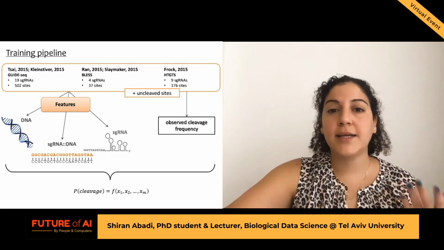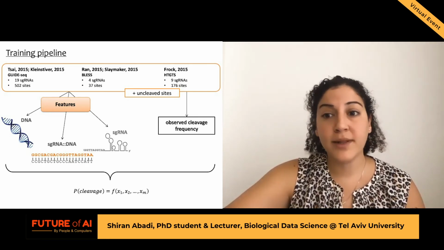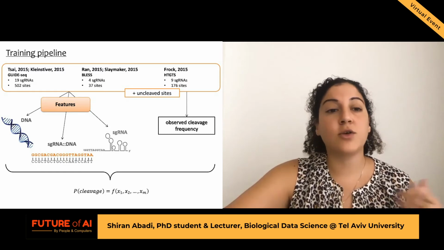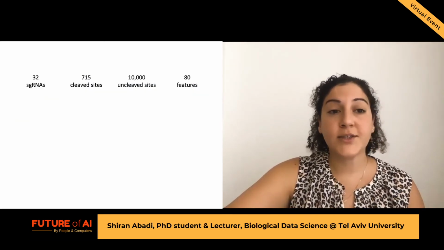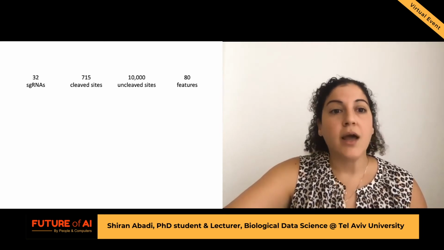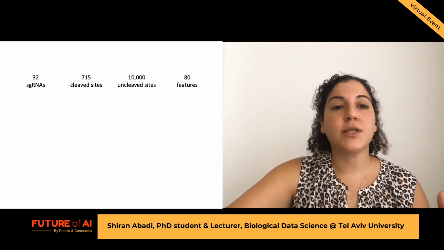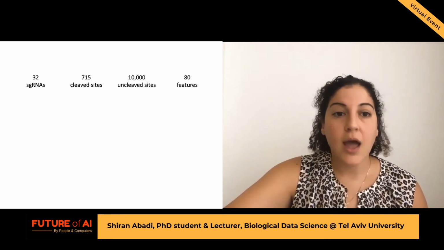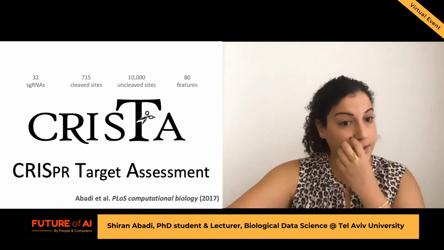From all of these, I trained a random forest regression algorithm to predict the probability of cleavage according to those features. Altogether, there were 32 sgRNAs with a reported 715 cleaved sites, tens of thousands of uncleaved sites, and 80 features that illustrate those. The trained machine learning algorithm is called CRISPR Target Assessment.